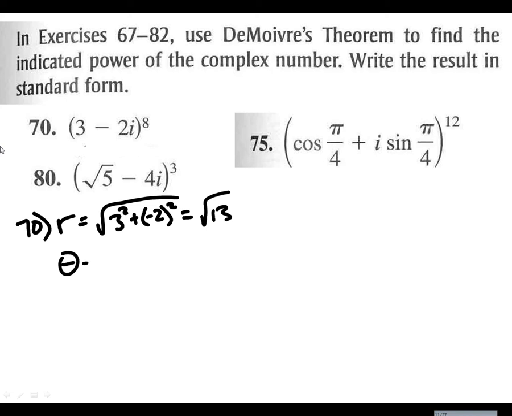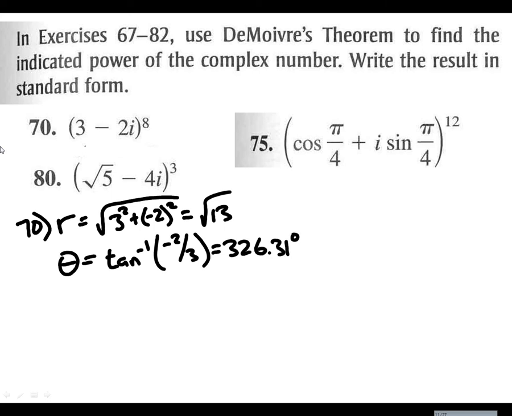And we need to find our angle, inverse tan of -2 over 3, which on your calculator will spit out a negative degree, I believe. Let me check. Yes, it does. We need to add 360 to that. If you add 360 to what's on your calculator, you're going to get 326.31 degrees for theta.